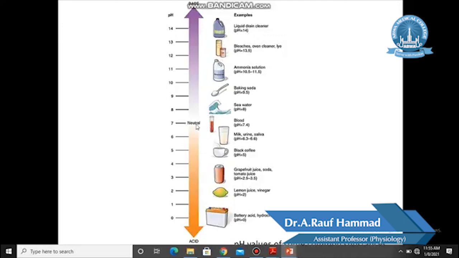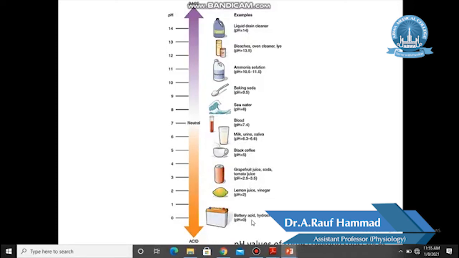And if the number of hydrogen ions increases, the pH will be less. Here the decreased number of hydrogen ions, and here the increased number of hydrogen ions. For example, milk, saliva, इनकी pH, black coffee, grapefruit juice, soda, tomato juice, lemon juice, pH 2.